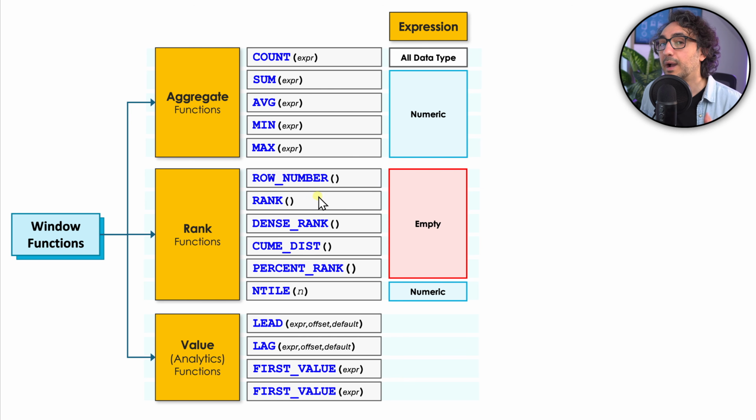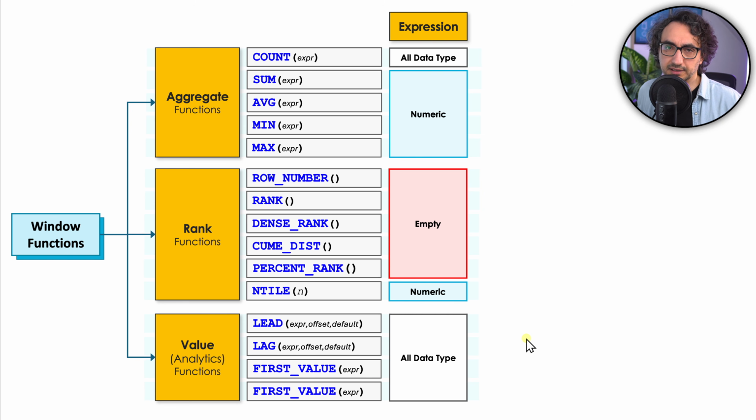It doesn't allow any argument inside those functions. All of them are empty, but only one accepts numerical values, which is the NTILE. You have to define a numeric value. And now moving on to the last type, the value functions. They accept any data types inside the expressions. So as you can see, each function has its own specifications, and you have to be careful which data type you are using in the expressions.